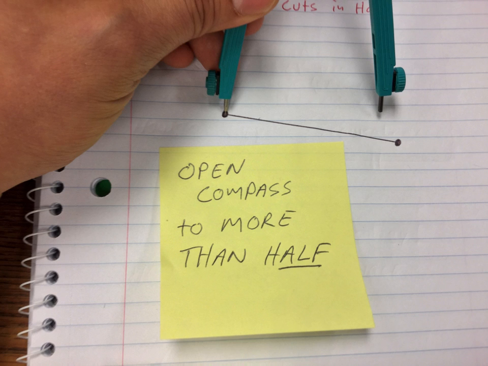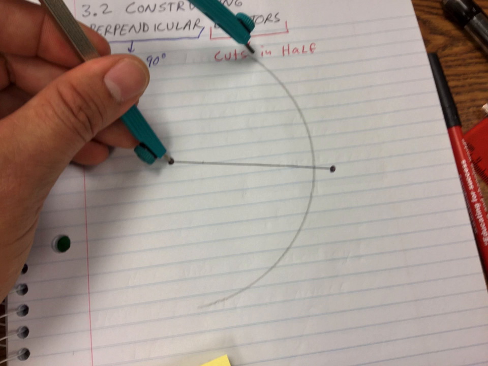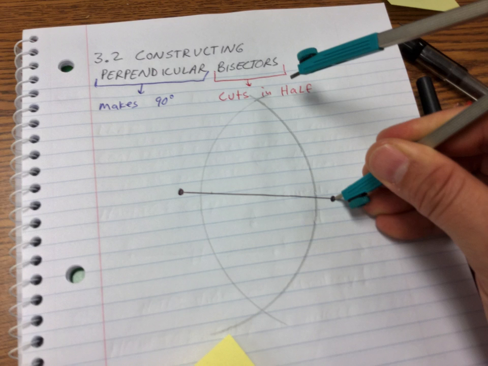First, draw yourself a line segment about halfway down your page. We're going to construct a perpendicular bisector. So again, take out your compass and your straight edge. With your compass, put your point on one of the endpoints and open the compass so that you're more than half the distance of the original segment. You're going to draw an arc and then slide the point over to the other endpoint and draw another arc.